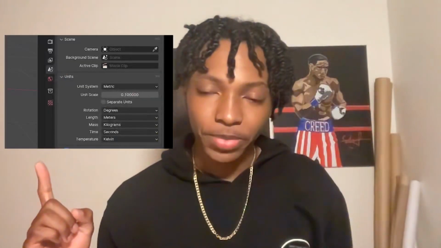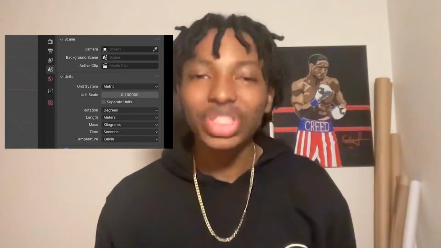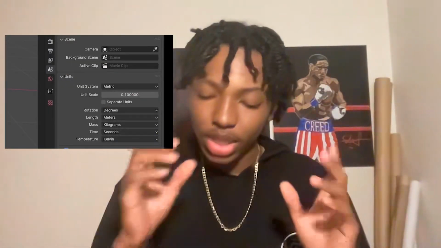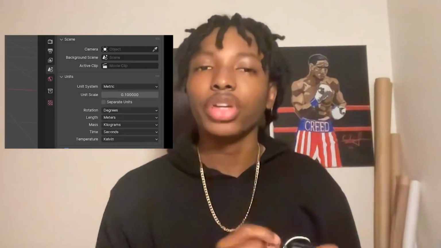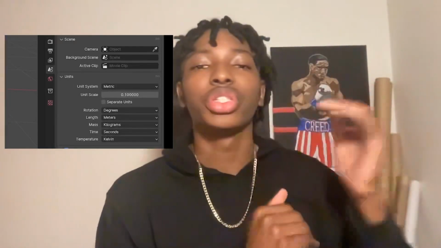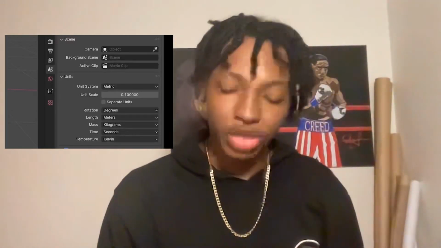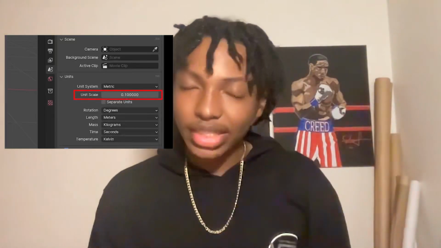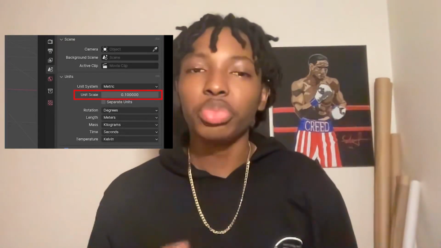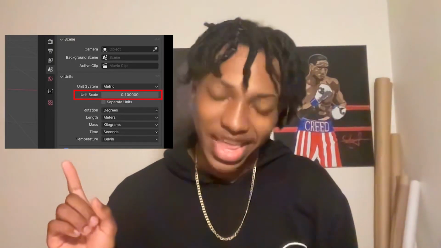Simply put, long story short, where I was supposed to put 0.01 for the metric, because that's the conversion rate between meters and centimeters, I accidentally put 0.1 right here.